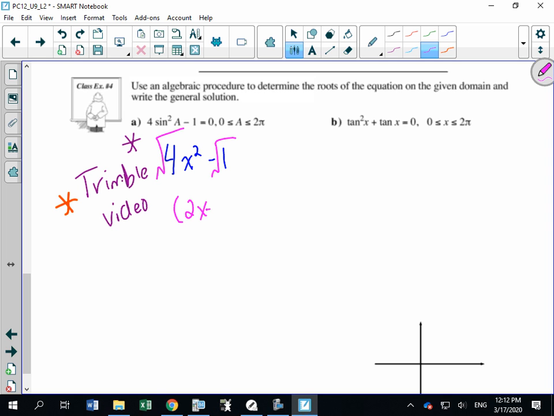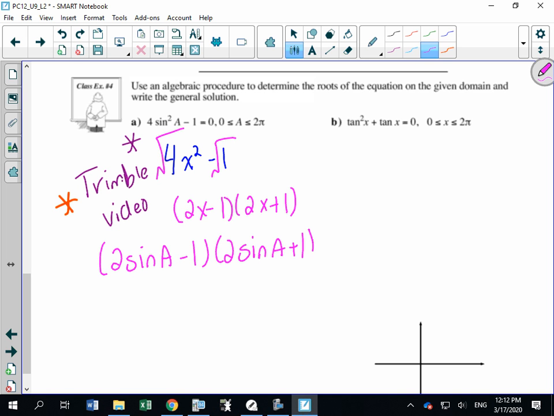So you'd have 2x minus 1, 2x plus 1, so 2 sine A minus 1, 2 sine A plus 1 is equal to 0. We're looking at where sine of A is 1 over 2, and where sine of A is negative 1 over 2. Okay, that's how you'd be doing this one.